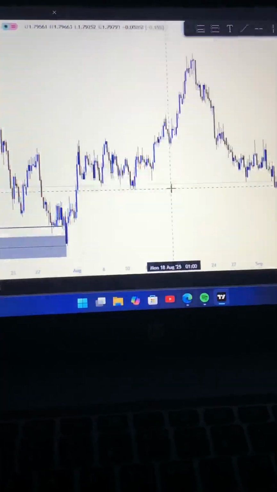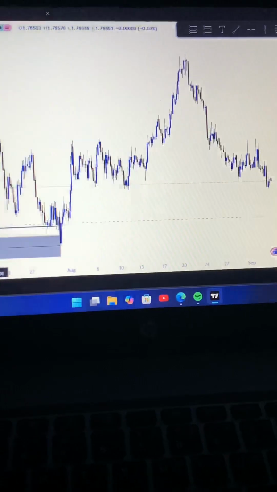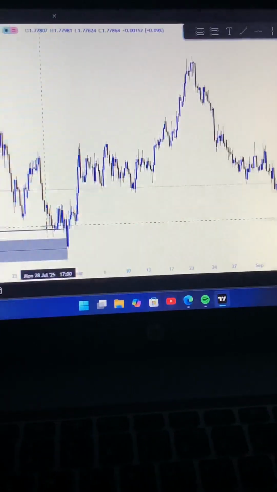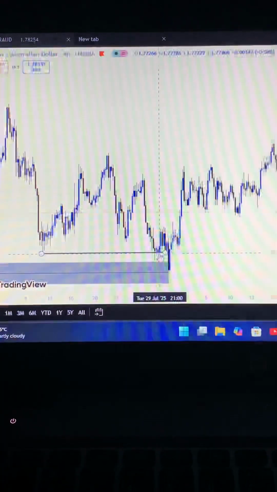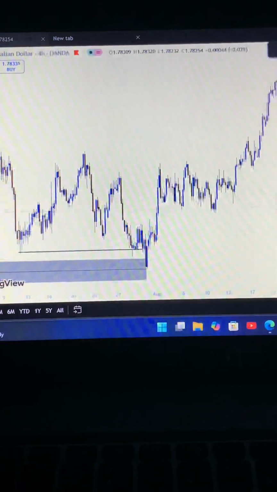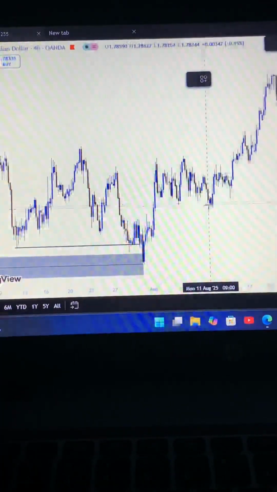If you see this, it's going to be easy for you to locate the next setup I'm about to draw for this week. As you can see, price took out this low, which makes this place a sweep of liquidity, and they created liquidity again.